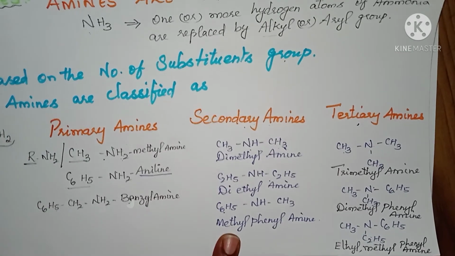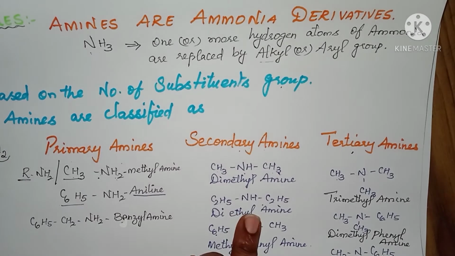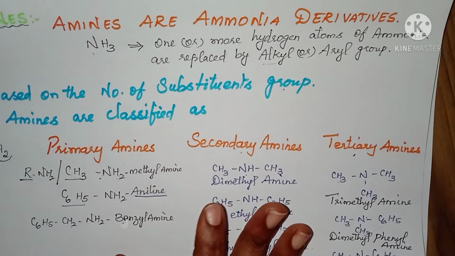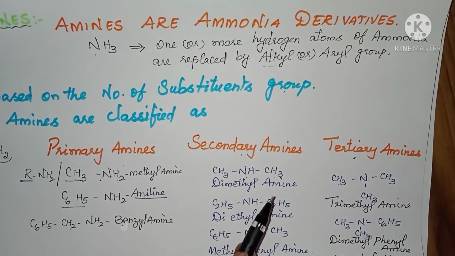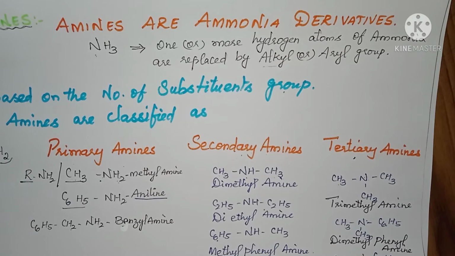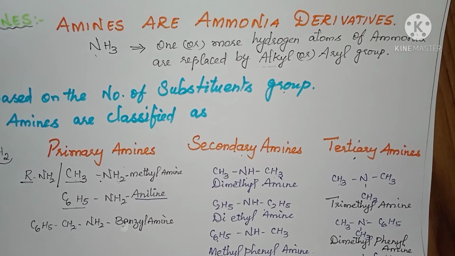Okay, now how to identify primary amine, secondary amine, tertiary amine, you know thoroughly. Amines are derivatives of ammonia in which hydrogen is replaced, and in that place an alkyl or aryl group will sit.